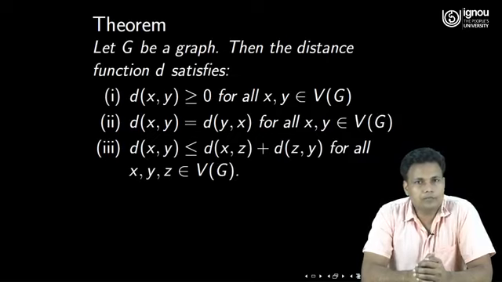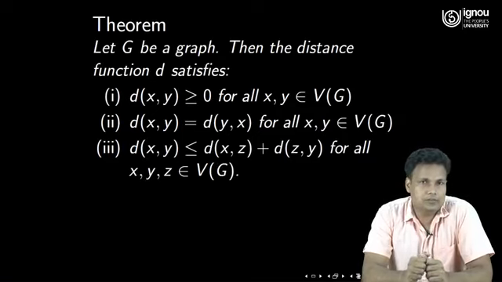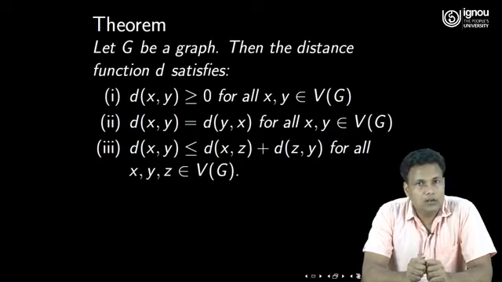The first is that the distance between x and y is always non-negative for all vertices x and y of G. This is trivial because the distance between any 2 vertices is the length of the shortest path between x and y, and length is always non-negative, so d(x,y) is non-negative.